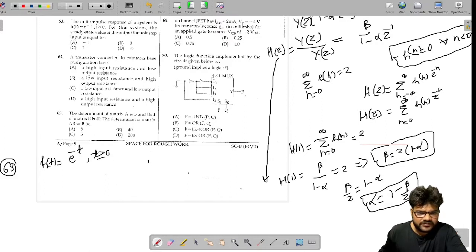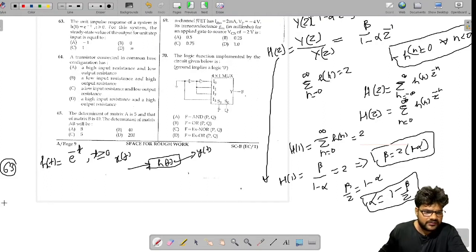So this is the system whose impulse response is h(t), and let us say we give input x(t) and take the output as y(t). Then we can write y(t) equals x(t) convolution h(t), right?